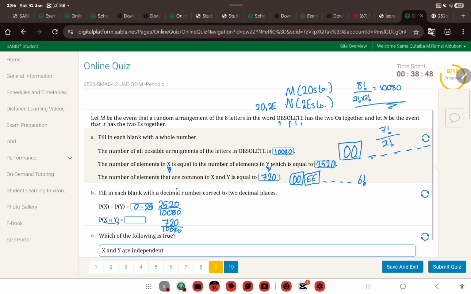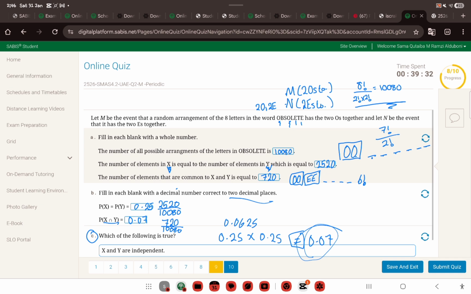They wanted 2 decimal places, so we do 720 divided by 10080, in which you will get 0.07. In part C, they want us to see if they're independent or dependent. So same story, we do 0.25 times 0.25 versus 0.07. 0.25 times 0.25 is equal to 0.0625, which is not equal to 0.07. So it means that they're not independent, or they are dependent.